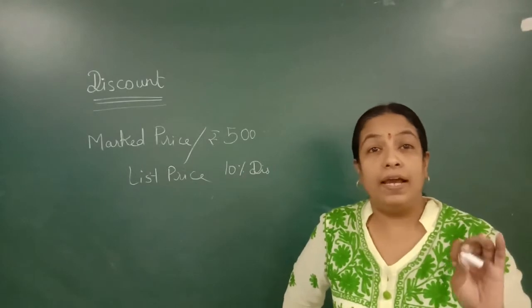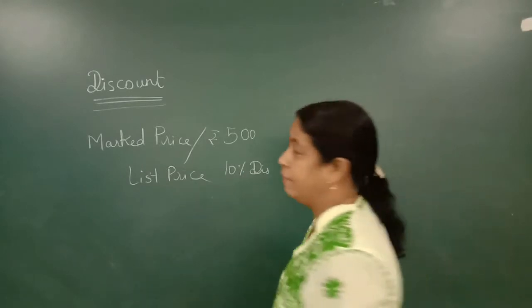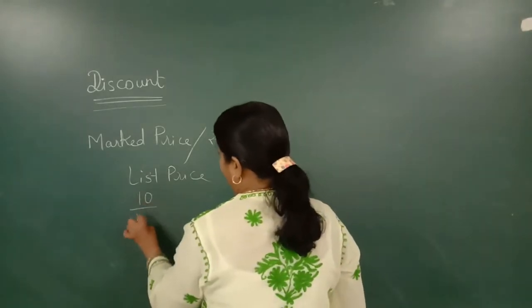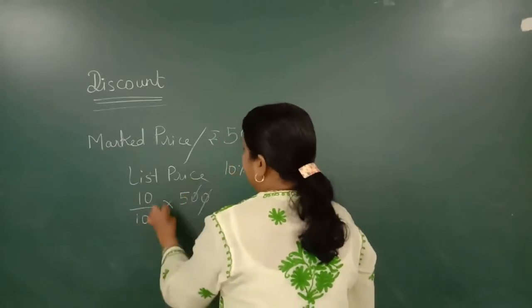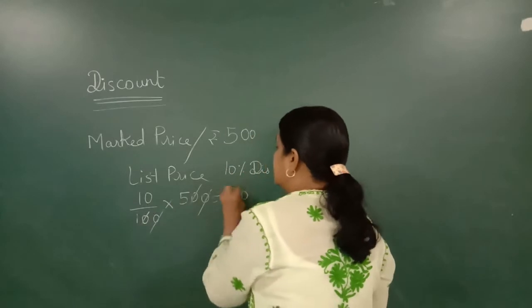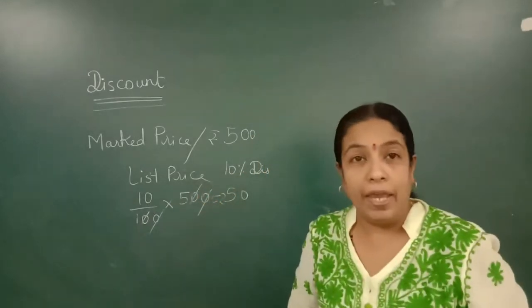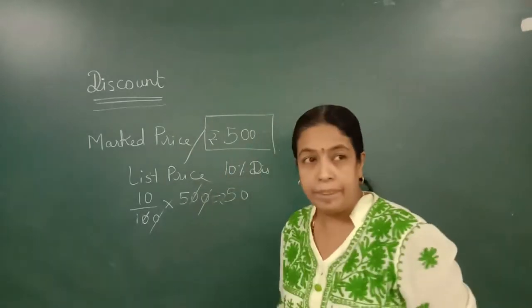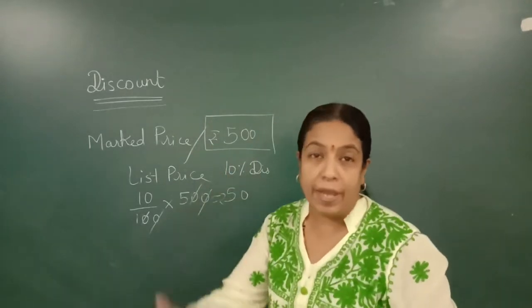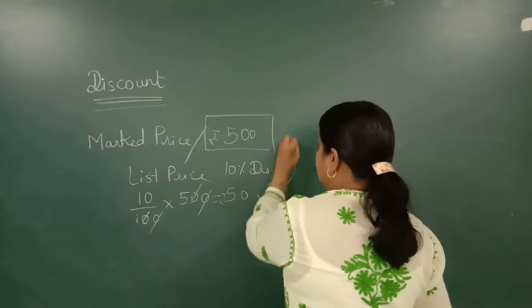So first we will calculate how much discount he is giving. That is 10 upon 100 multiplied by 500. That is 50 rupees discount he is giving. Means if the article is for rupees 500, how much do we have to pay after minus the discount?